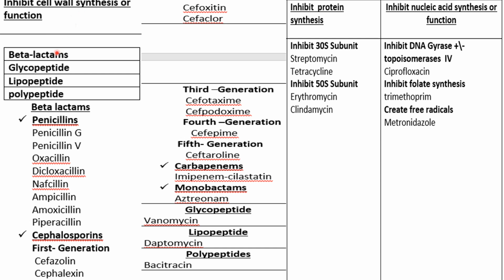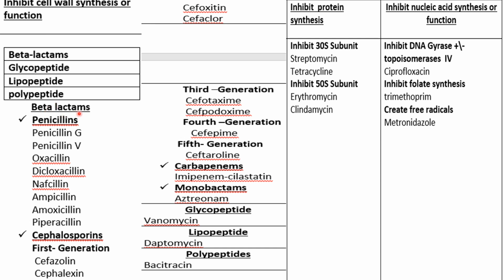In this group, there are four classes of antibacterial drugs. The first are beta lactams. The second are glycopeptides. The third are lipopeptides, and the fourth are polypeptides.